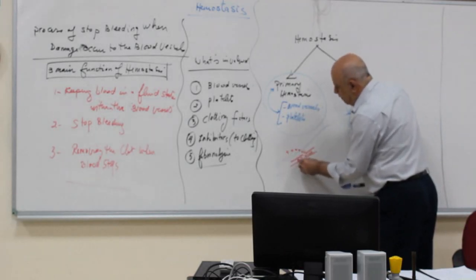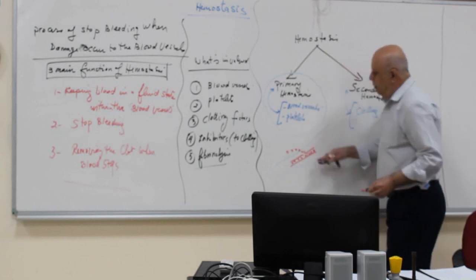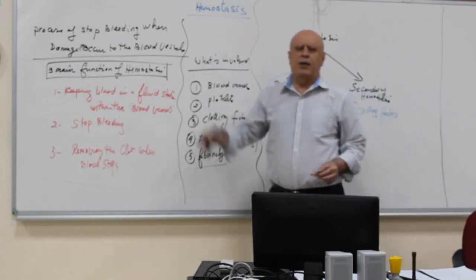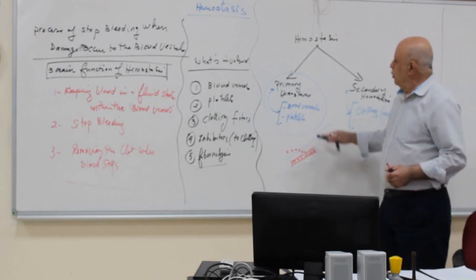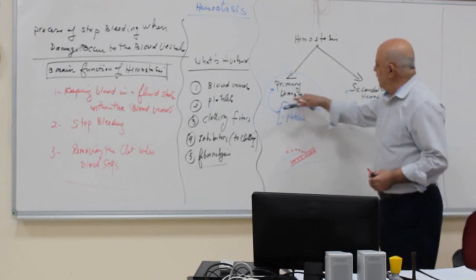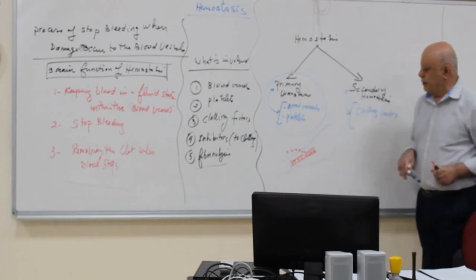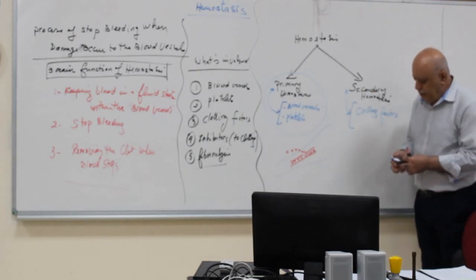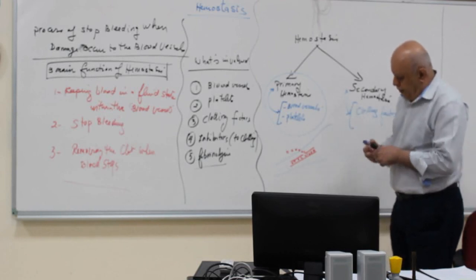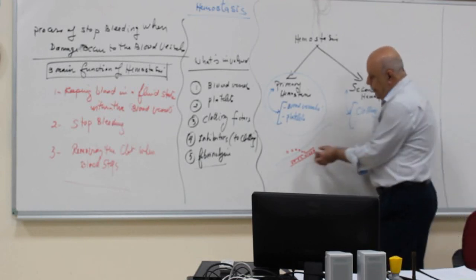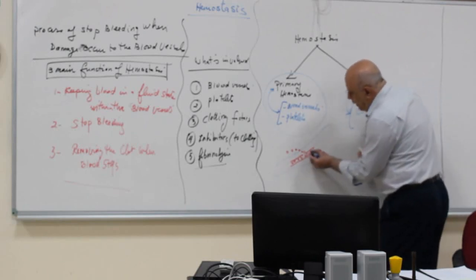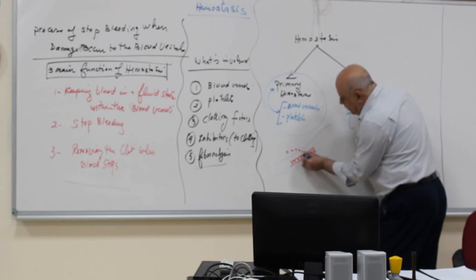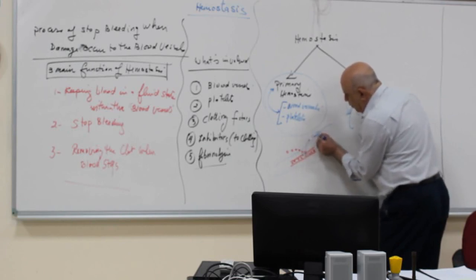The role of hemostasis is to stop bleeding through primary hemostasis and secondary hemostasis. When a cut takes place in the blood vessel, it exposes a protein that binds the blood vessel together. The protein is called collagen.